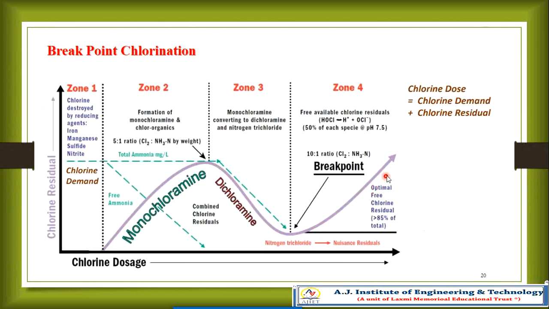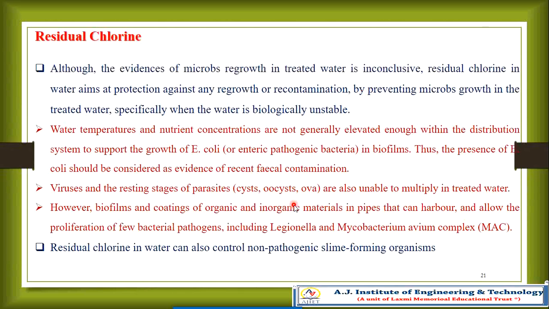But this is the point where residual chlorine is present. Why is residual chlorine important? Because of regrowth. After treatment, regrowth has to be controlled. Also, water travels in the pipeline, so there may be a chance of contamination or bacterial growth. The regrowth of bacteria should be avoided, which means you should have residual chlorine.